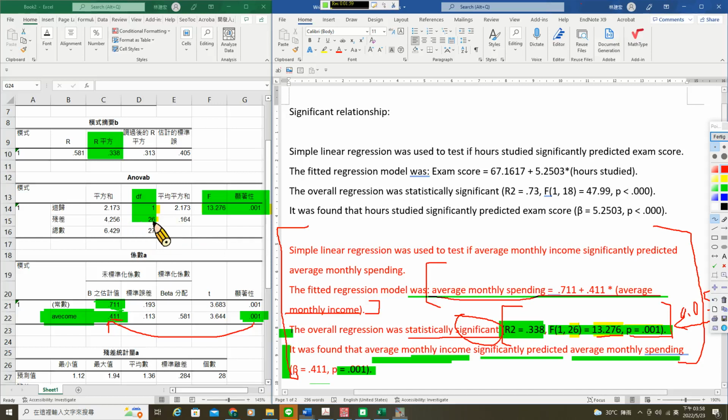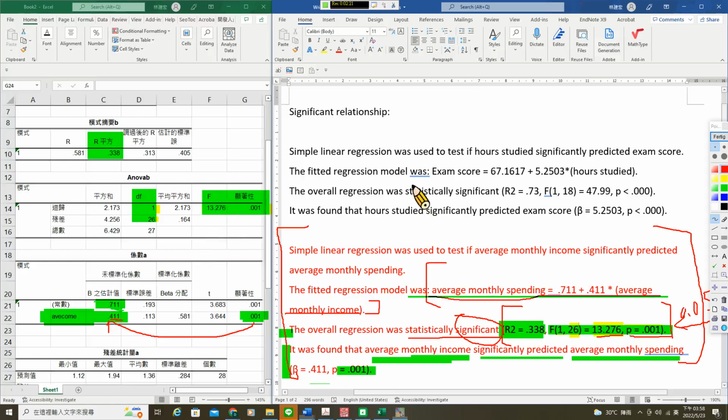Then how can we produce the 13.276? Basically, 2.17 divided by 0.164 is equal to this. So they are all related.